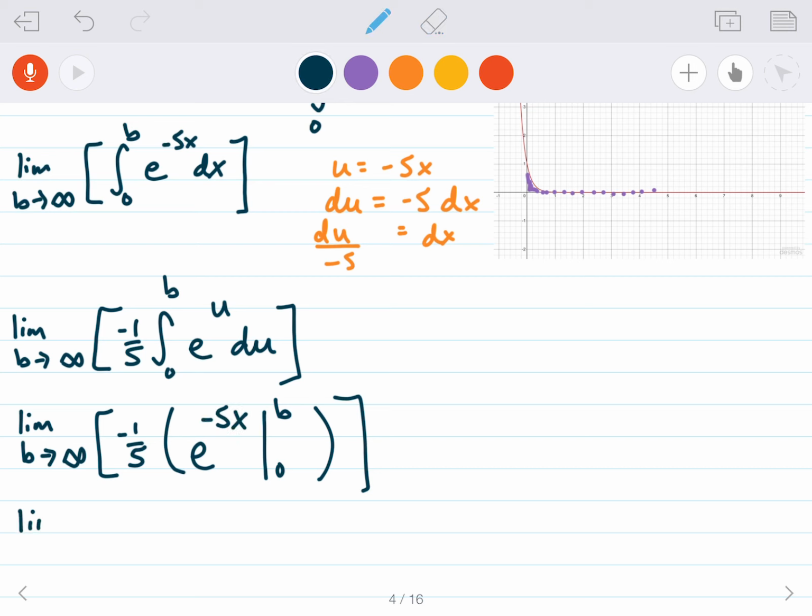So what I have is the limit as b goes to infinity, negative 1 over 5, e to the negative 5b minus e to the 0, right?